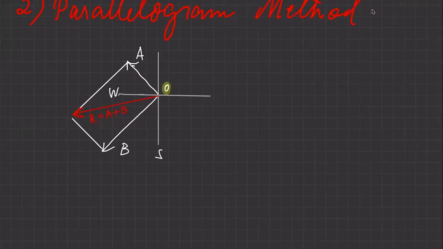Okay, so let's have another example. Let's draw a coordinate, like this. So this is our 0 here. So let's say vector A like this.